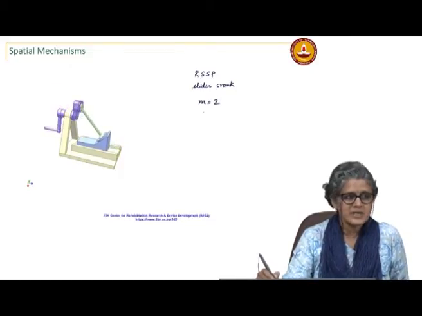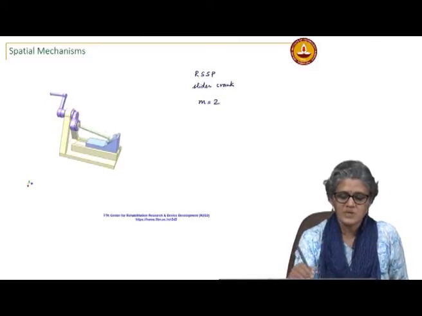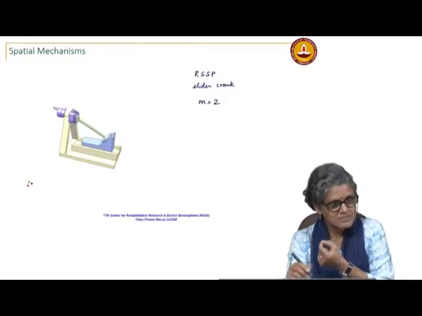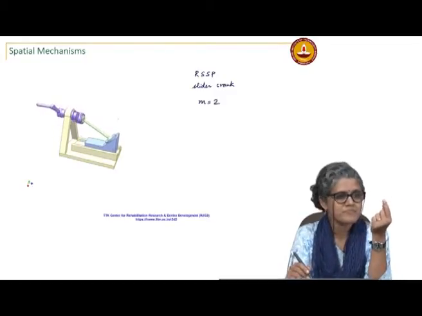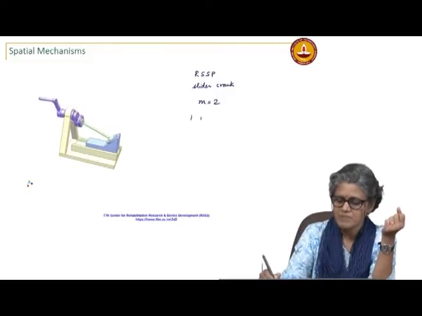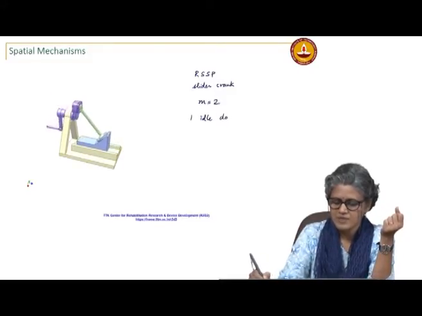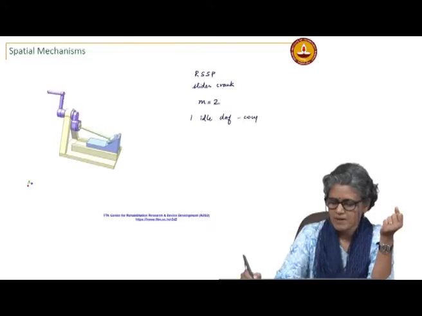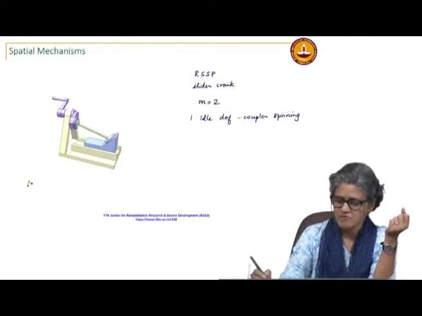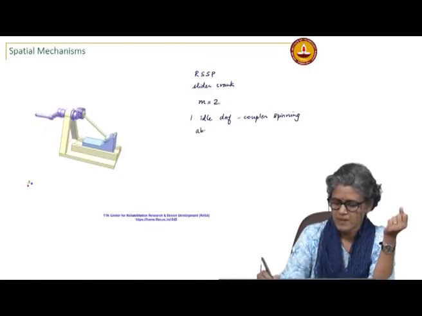Why is the mobility 2? Because again there is predictable input output motion, but the connecting rod, the coupler, can spin about its axis. So, you have one idle degree of freedom, the coupler spinning about its axis, which does not affect the input output relationship.